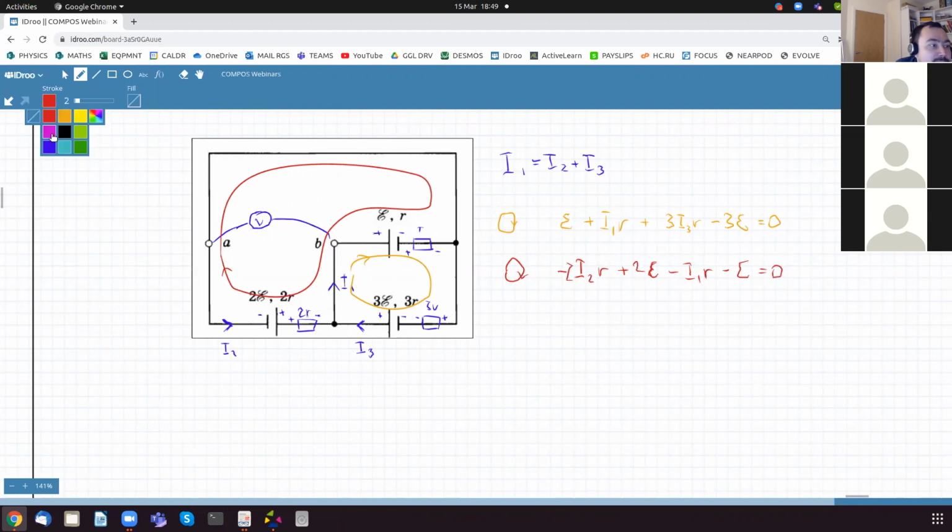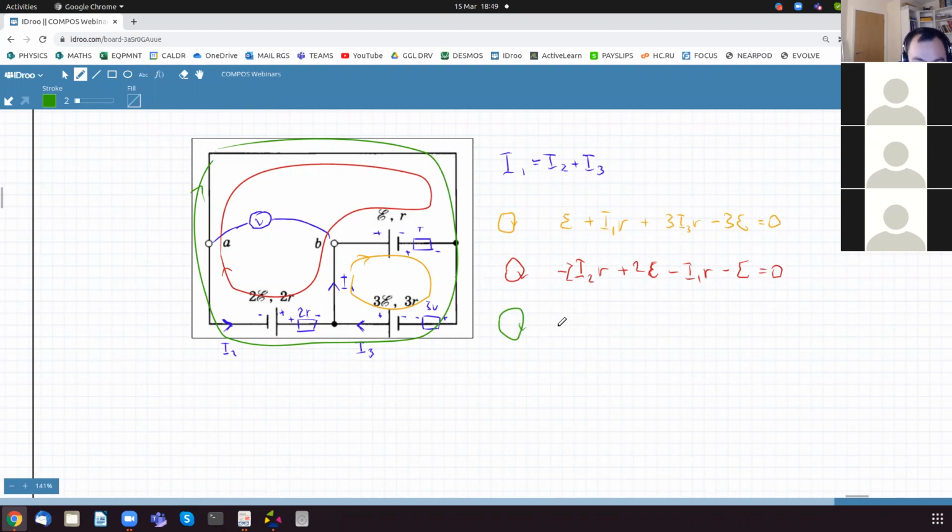And finally, we can take the green loop. The green loop is the outside loop. And we're going clockwise again. Now we start with here. So this is plus, minus.